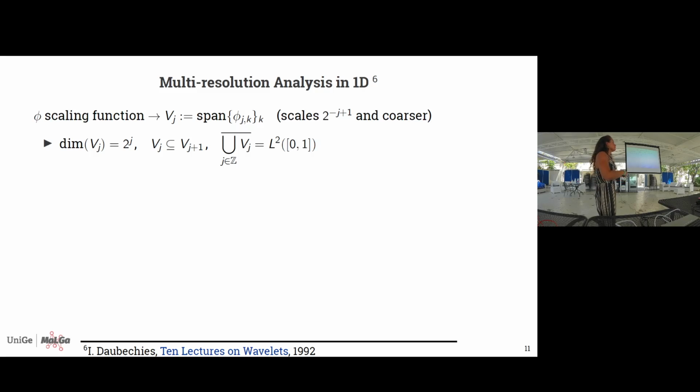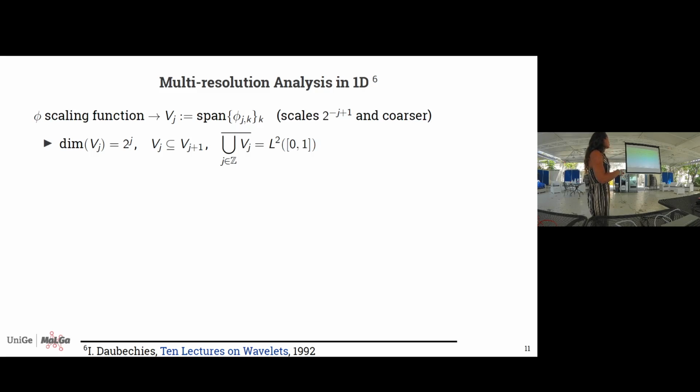From this definition we can see that each space is contained in the following one, that means Vj is contained in Vj plus 1, because Vj plus 1 contains functions with finer scales with respect to Vj.